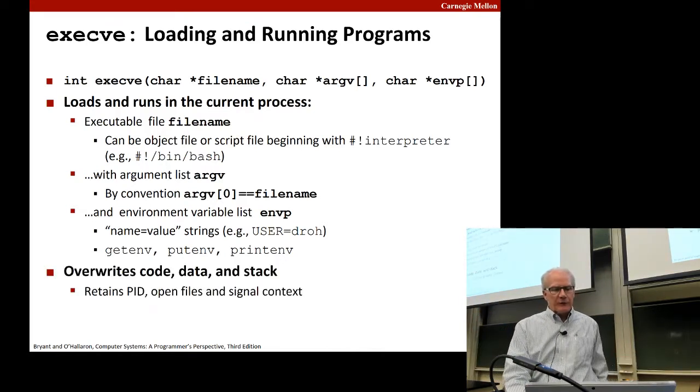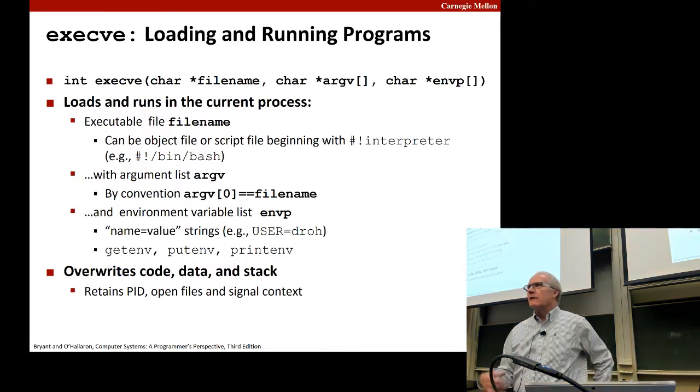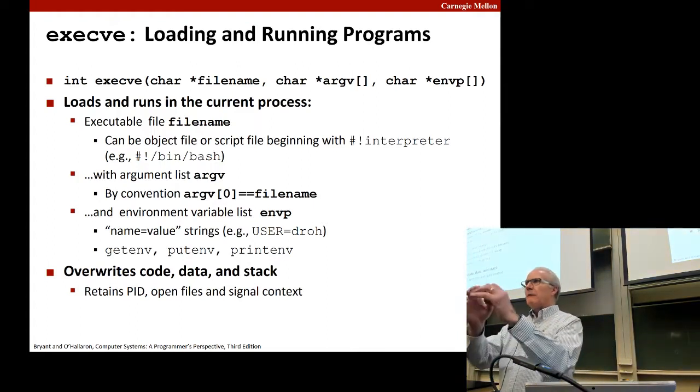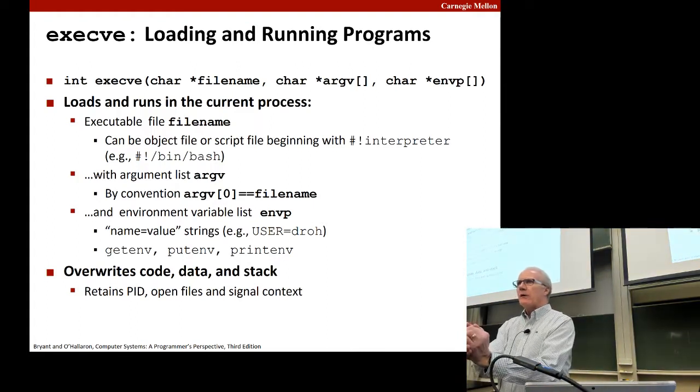I'll show you this with some concrete examples. But the interesting thing about execv is it's another one of these functions that has a strange calling pattern: normally it gets called once and it never returns. Because the idea is I've created a process by fork, and it's now a copy of the parent.